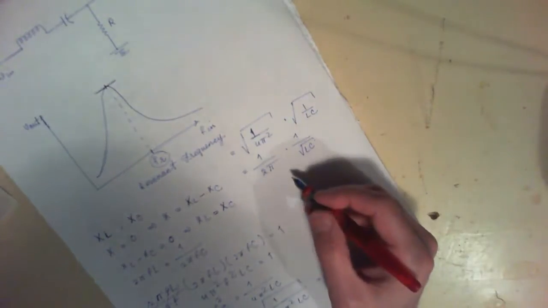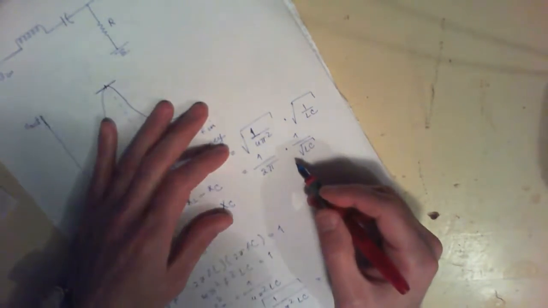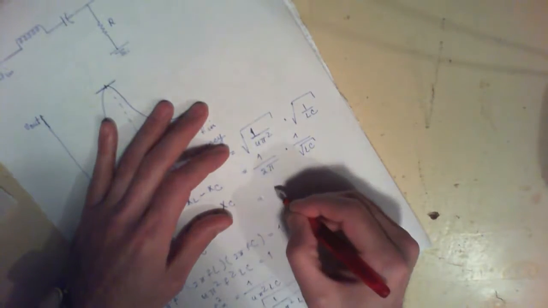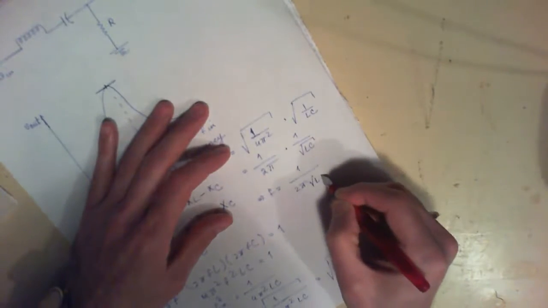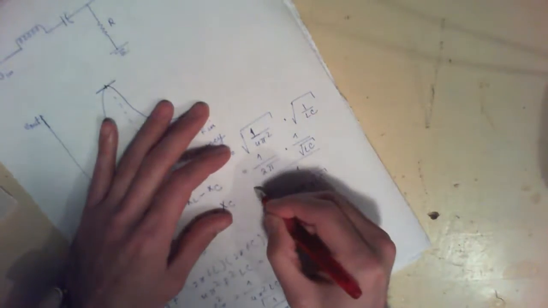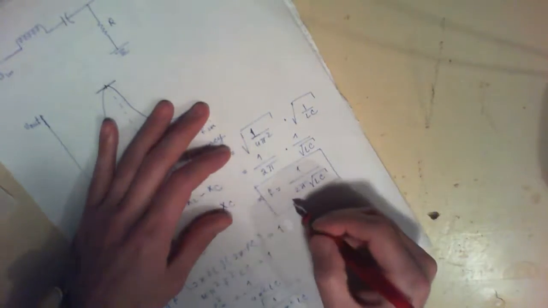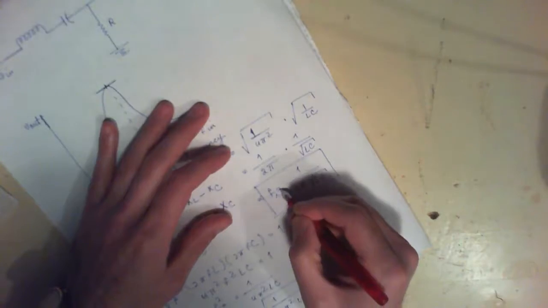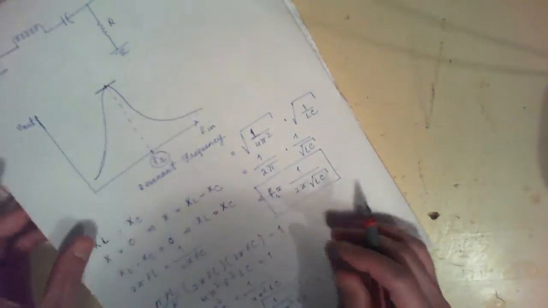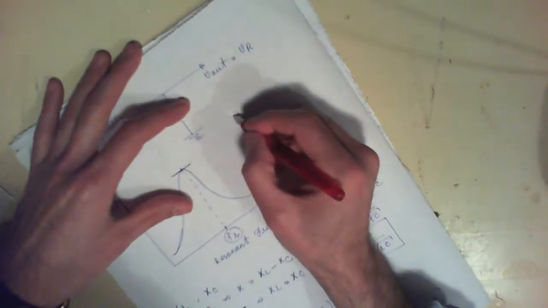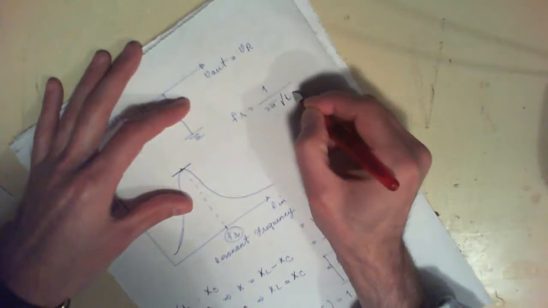So what that means is that F is equal to 1 over 2 pi square root of LC. That's how you can calculate the resonant frequency, and that's called f of r. So in short, f of r is equal to 1 over 2 pi the square root of LC.